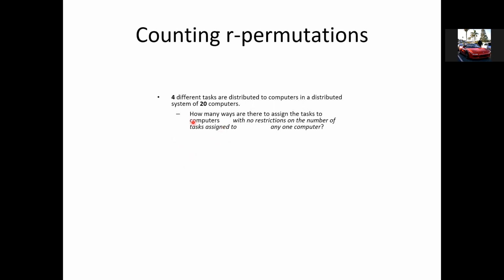So say you have 4 tasks that need to be distributed to 20 computers, and you have no restrictions on the number of tasks assigned to one computer, but there are only 4 tasks. So let's think about what the alphabet and the string are, how long the string is, and how to represent this choice.